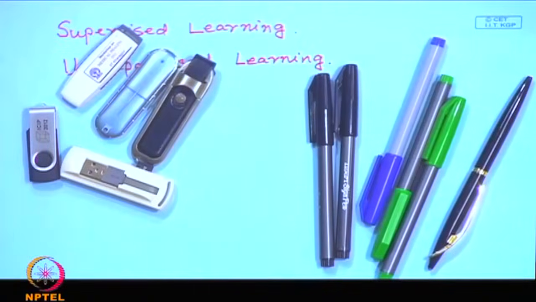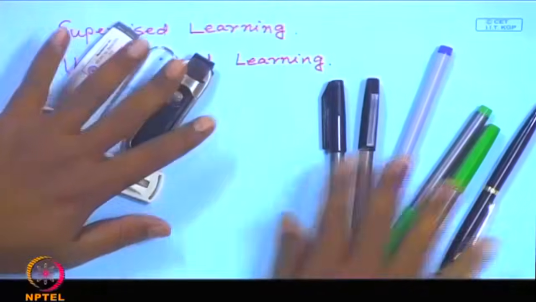That is, in childhood I learnt about pens. When I grew up, I learnt about these USB drives. I did not use USB drives when I was a child. So, I am acquiring this incremental knowledge. You can easily see that the pattern recognition problems that we are talking about today are not really a recent problem. These problems were analyzed by philosophers as early as more than 2500 years ago.